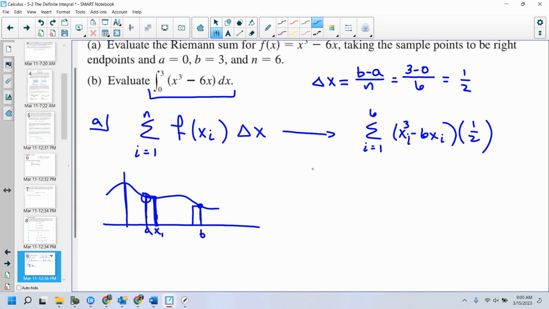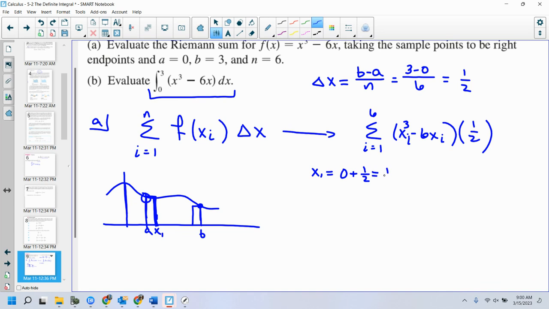So really, my first x value is going to be x1. And that's going to be a plus delta x. Well, what is a in this case? 0. 0 plus delta x.